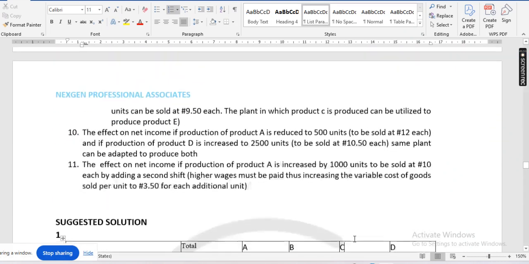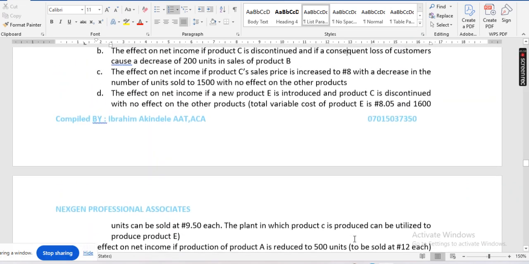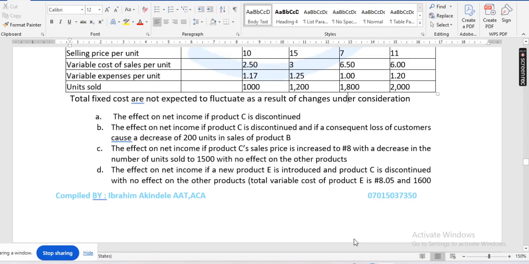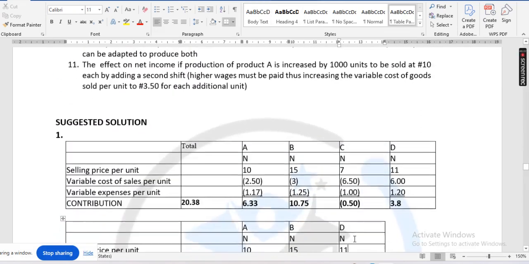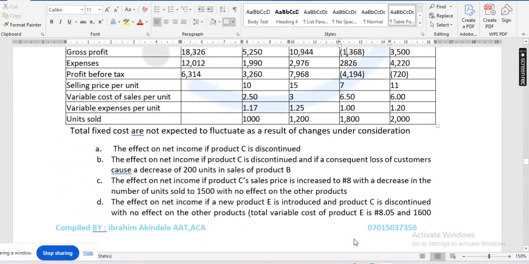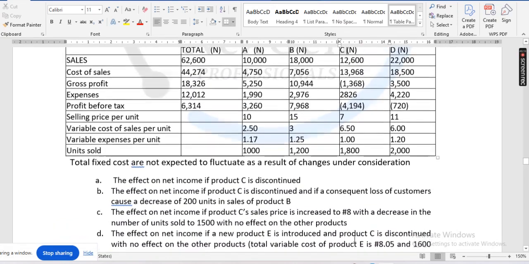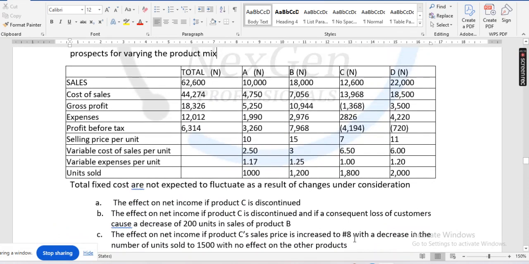So in this case now, let's look for another approach that we will use. Let me quickly check again. Okay, this is 8 naira. That's fine. Product C, right?